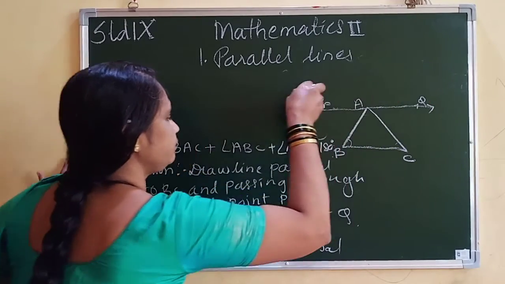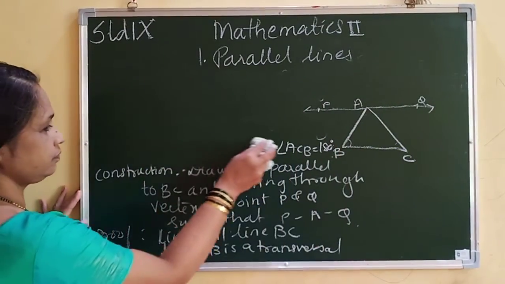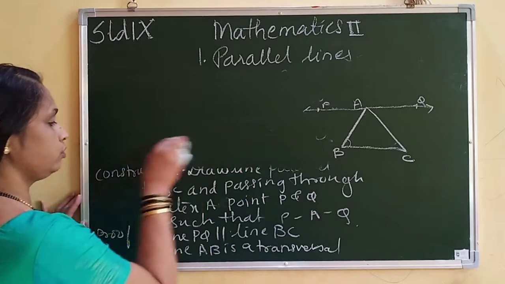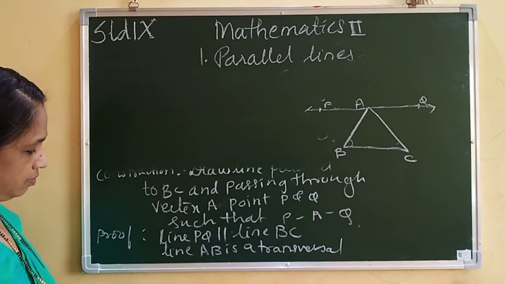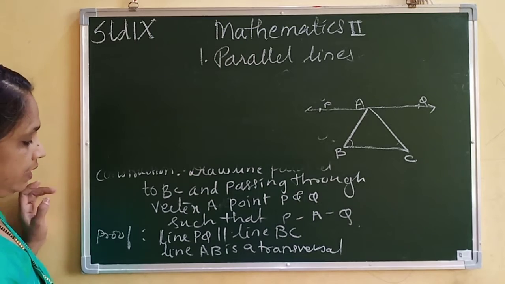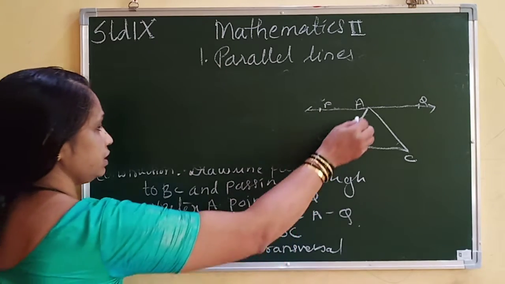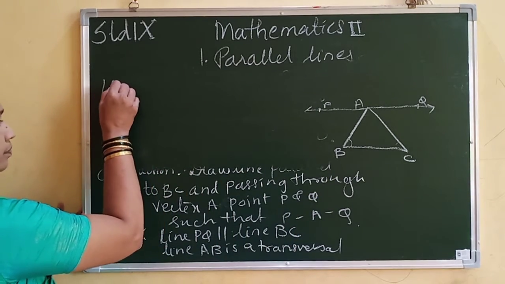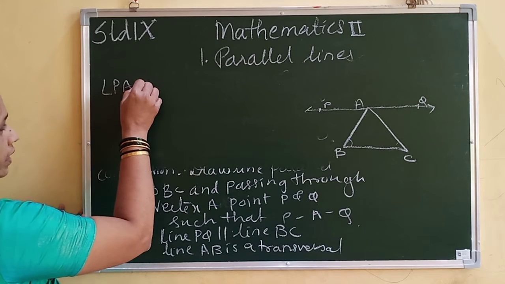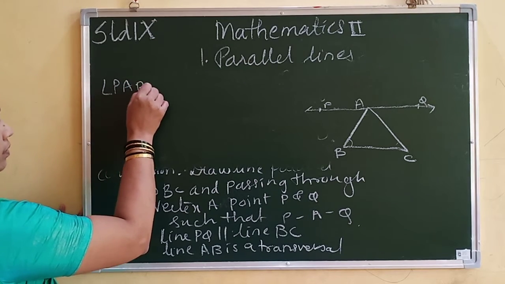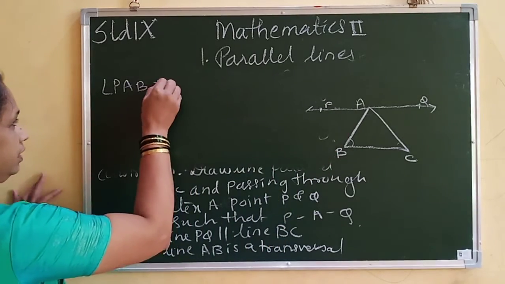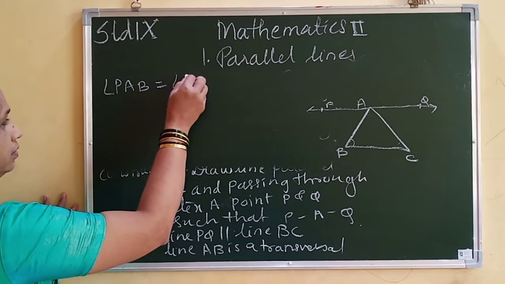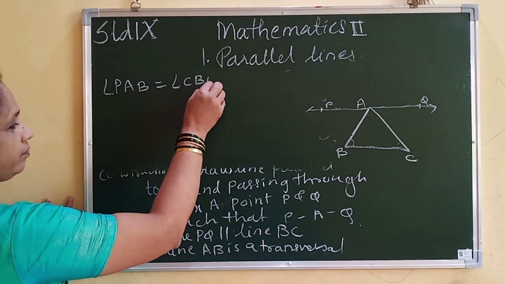Now, if line PQ is parallel to line BC and AB is the transversal, then angle PAB is equal to angle CBA.